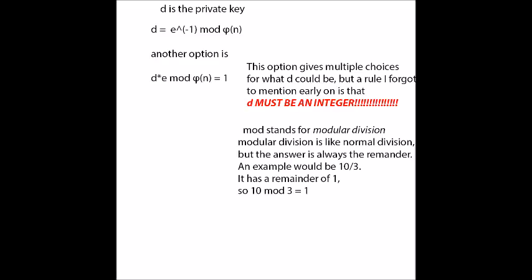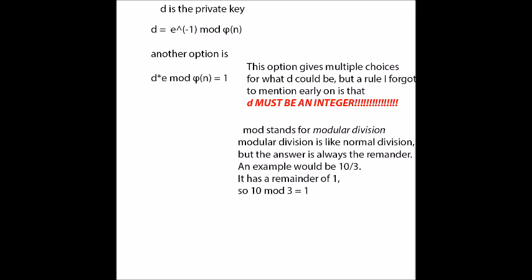So 10 divided by 3 has a remainder of 1, so 10 mod 3 equals 1. So d equals e to the negative first mod phi of n, which is 3 to the negative first mod phi of n.